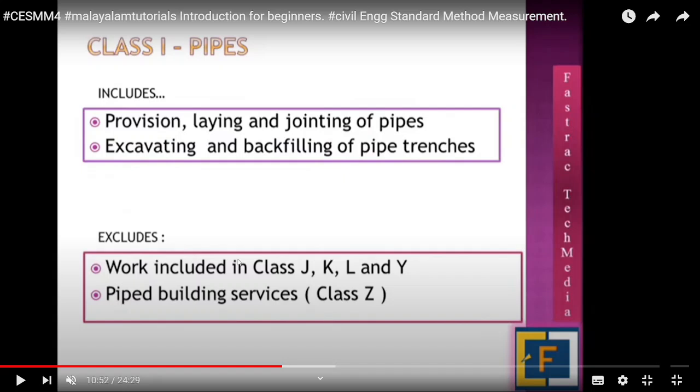They are excluded. So when we go to J, K, L, you will understand how class I is different. So here it is for laying and jointing of pipe. One word is there, particularly provision.